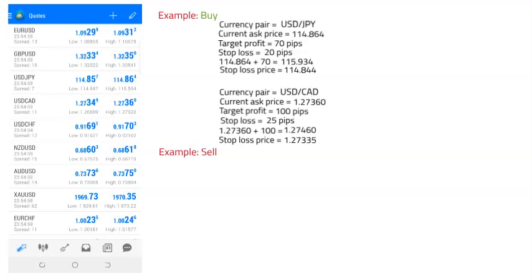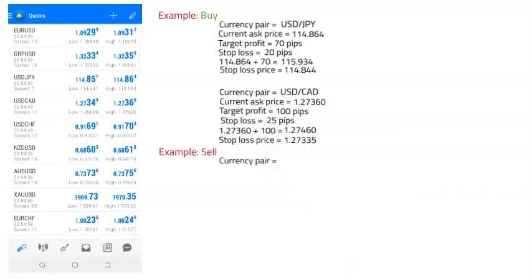I don't want to lose more than 10 pips. My take profit will now be at $40 below the current price because I'm selling, while my stop loss would be at $110 above the market price because I don't want to be in the market if the pair wants to rise.